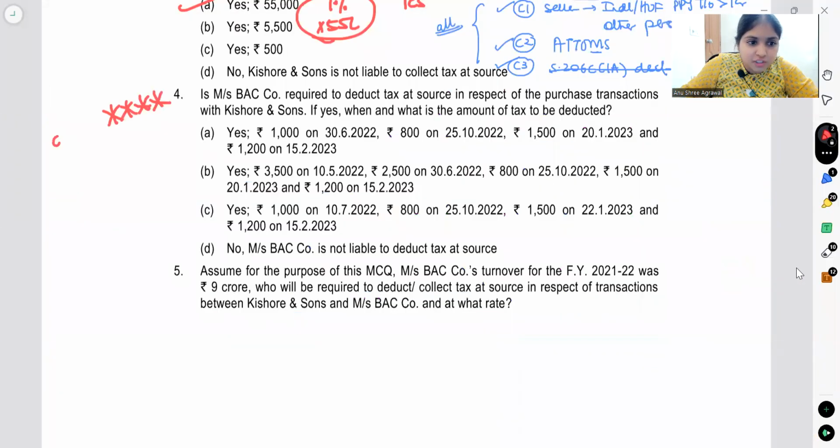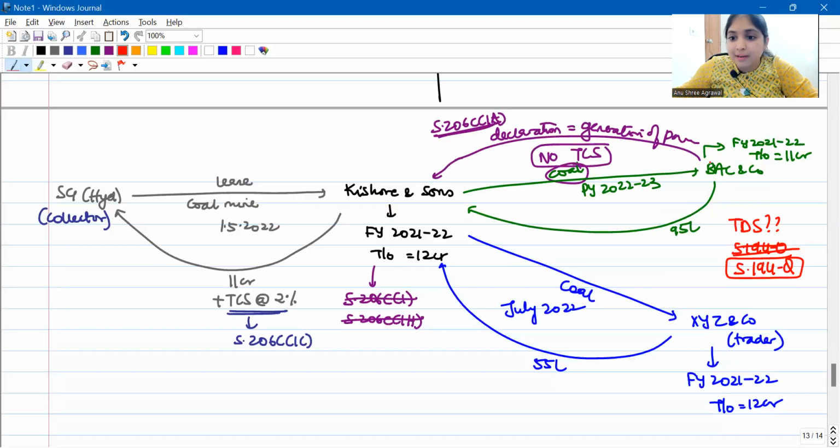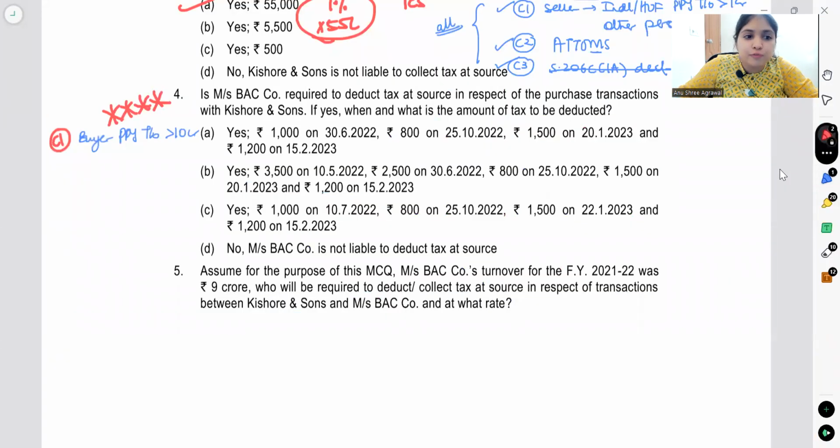What was the first condition, guys? The first condition was that the buyer should be a person whose preceding previous year turnover should be more than 10 crore. The buyer is BAC and Co. Preceding previous year turnover is 11 crore, more than 10 crore. Condition 1 fulfilled? Fulfilled. What was the second condition? Second condition was that no other TDS should apply, no other TCS should apply.